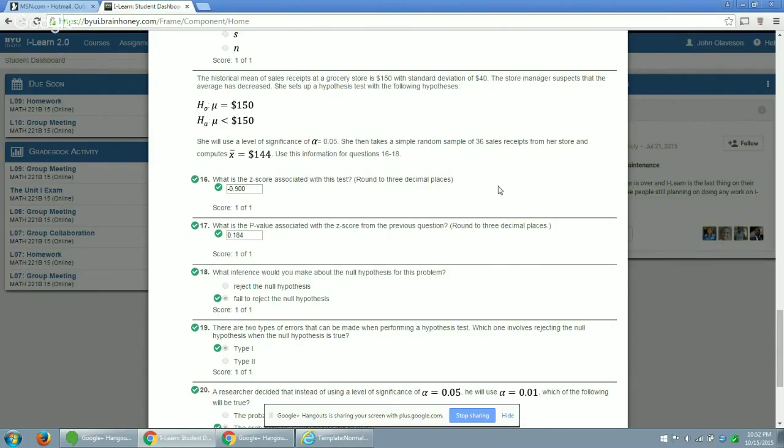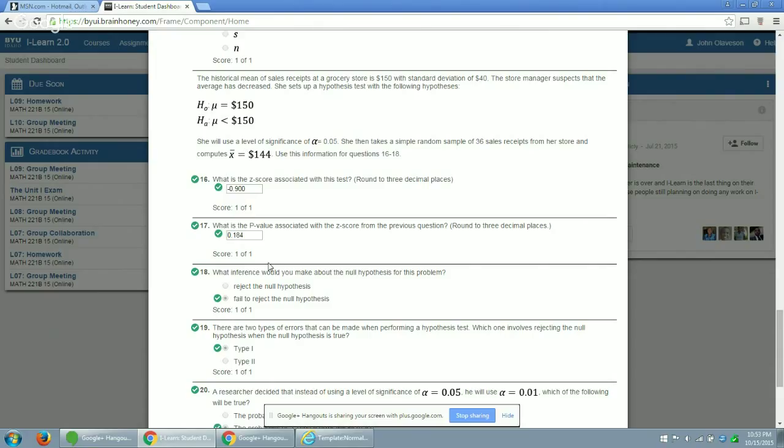So I went through and calculated this using Z equals the sample mean minus the population mean, divided by the standard deviation divided by the square root of n. So I plugged in 144 minus 150, divided by 40 divided by the square root of 36, and I come up with my z-score, negative 0.900.